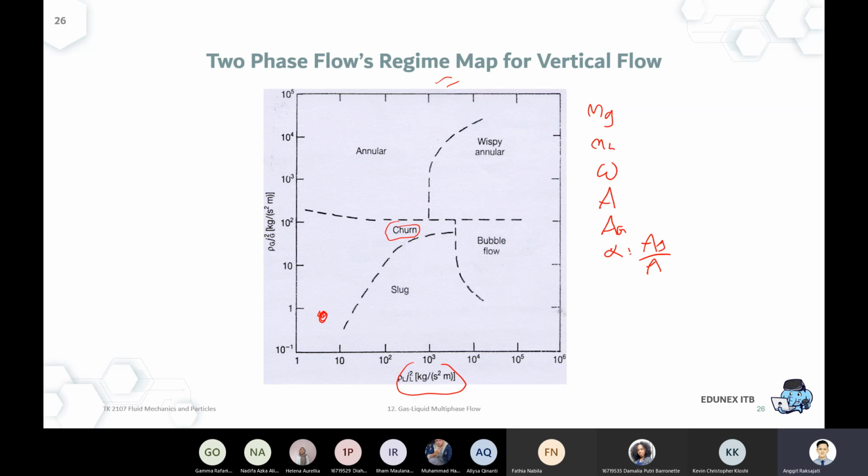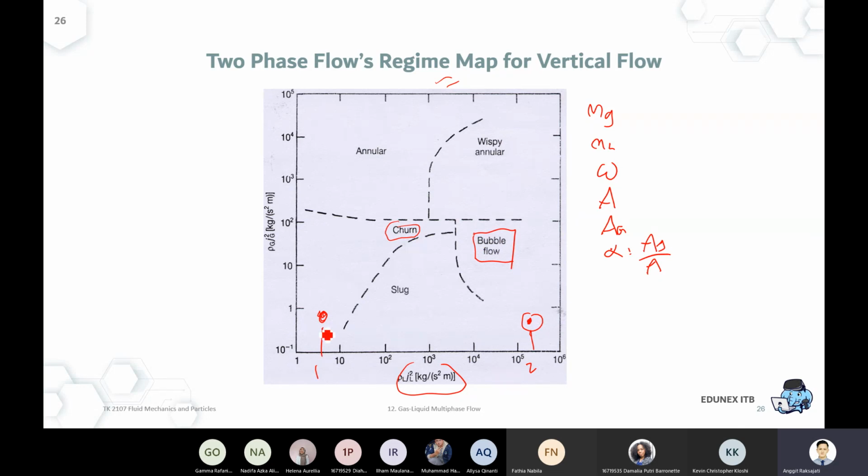But if I start increasing my oil production, but at low gas velocity, now I have the second condition at a higher liquid compared to the first point, but at the same gas flow. Now it will be liquid dominant, and it matches our previous explanation that if it's liquid dominant, it will be a bubble flow.